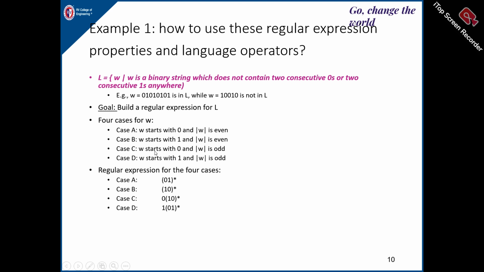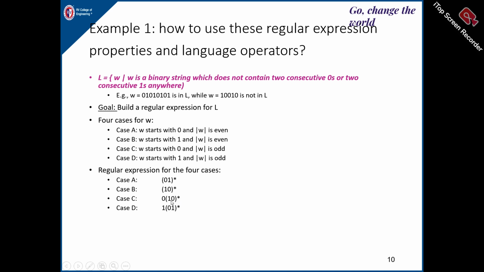Next is it starts with 0 and it is odd, meaning the length of W is odd. If it starts with 0, then the next character has to be 1. Because the length is odd, it is character 0 followed by even length. Odd length plus even length will again form odd length.